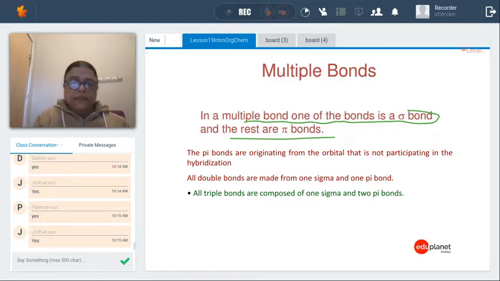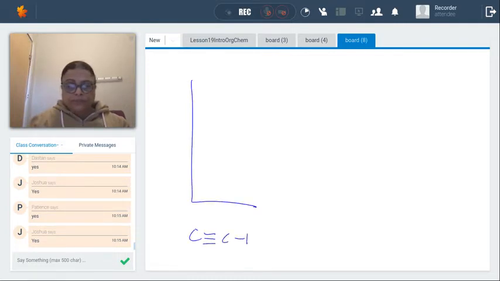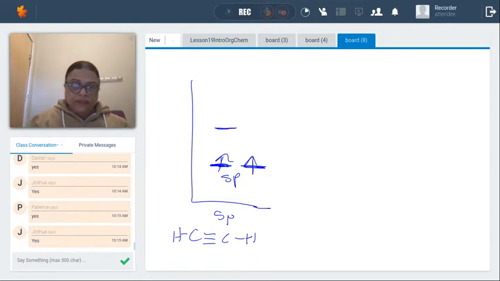All right, we take a new piece of paper. A triple bond is sp hybridization. The carbon took 1 s and 1 p. This is the sp hybridization, and 2 of the electrons are unhybridized.